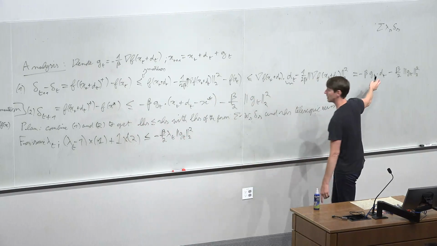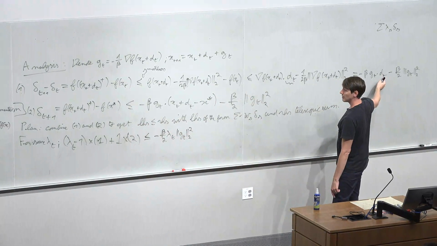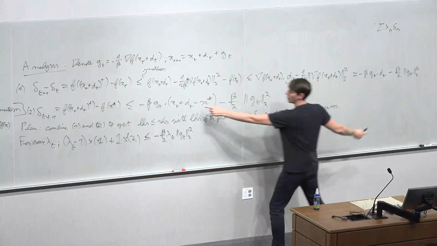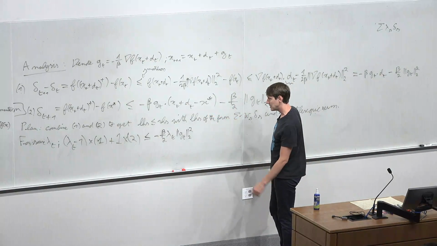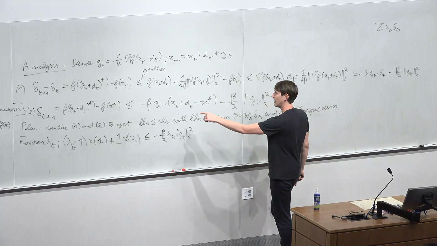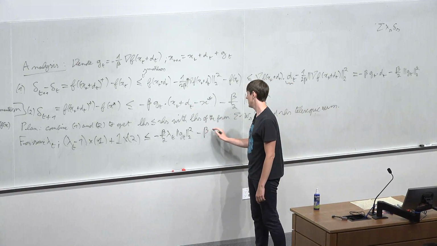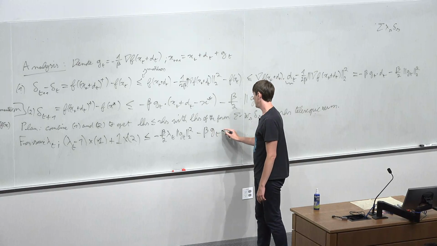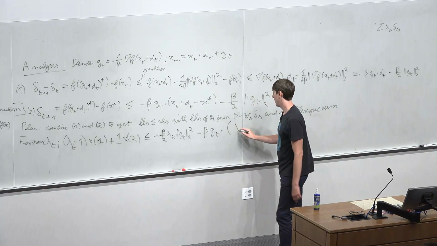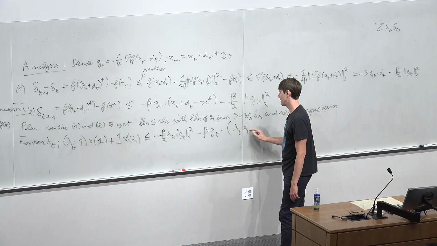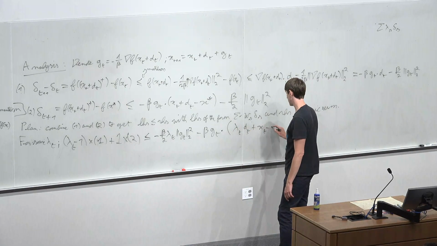Okay, so now in terms of the dt, I get lambda t minus 1 times the dt plus 1 times the dt. So I get lambda t times the dt, and I get once the rest. Okay, so again, minus beta gt inner product with lambda t dt plus xt minus x star.